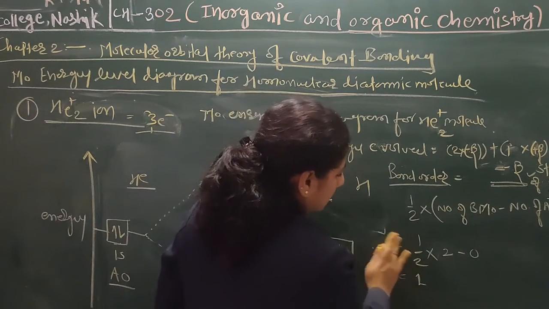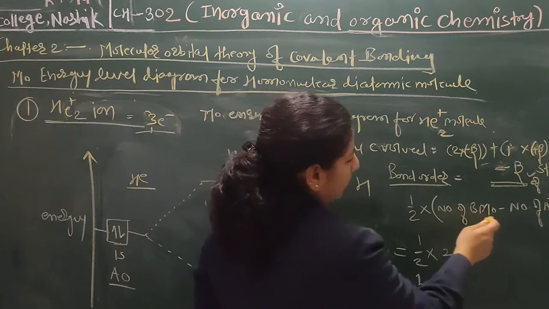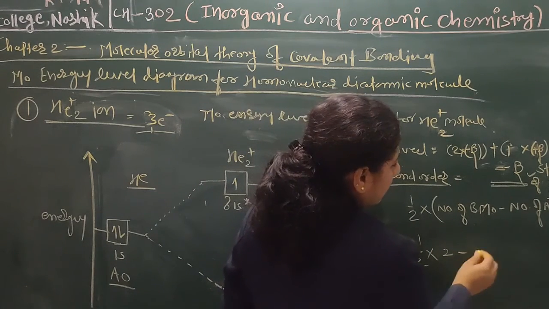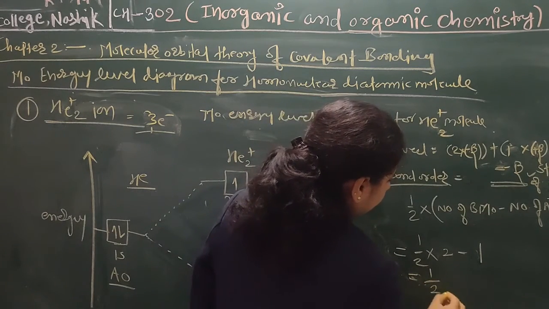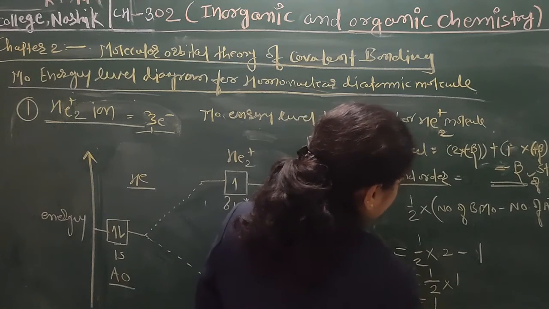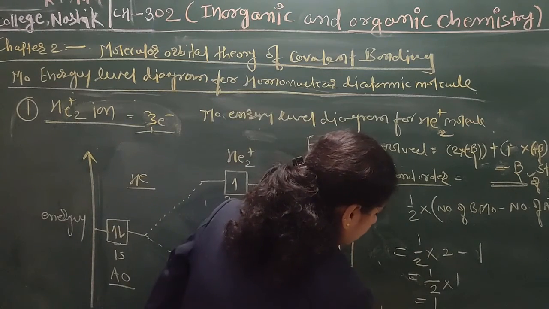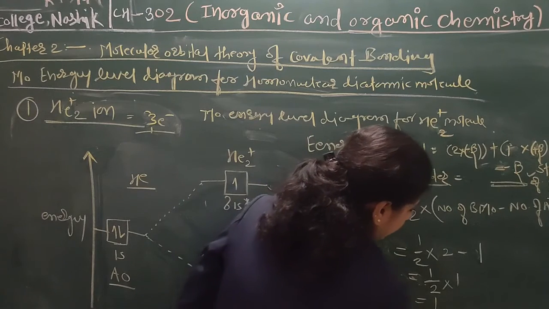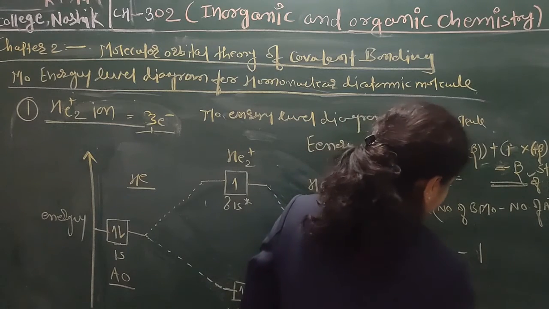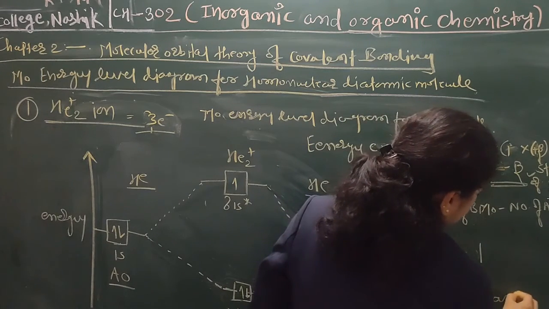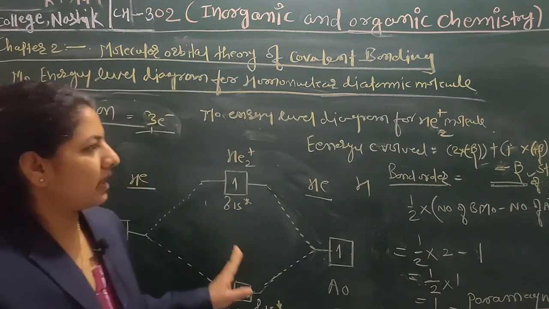So here, as per our calculation, half into the number of bonding molecular orbital electrons, that is 2, minus the number of antibonding molecular orbital electrons, that is 1, is equal to one half. It has an unpaired electron, so the He2 plus ion is paramagnetic, and it is not a stable one.